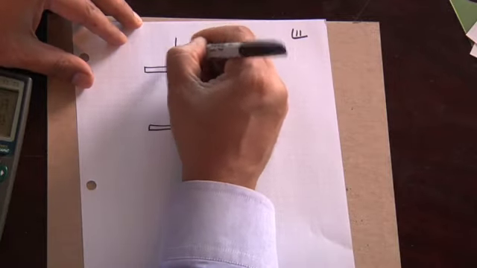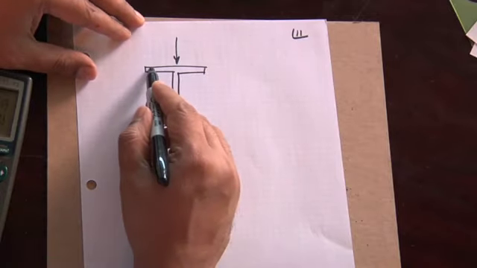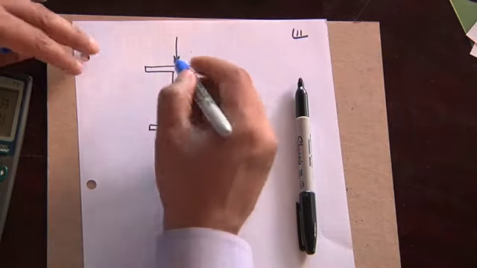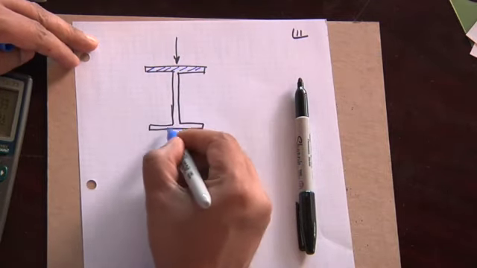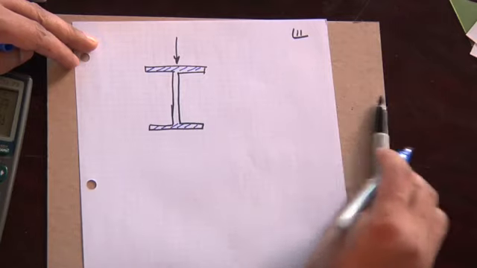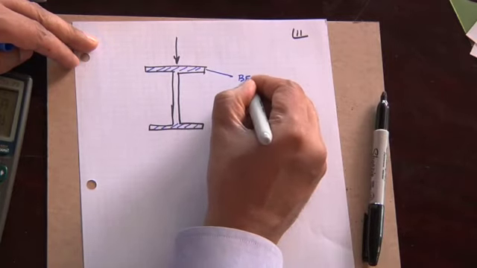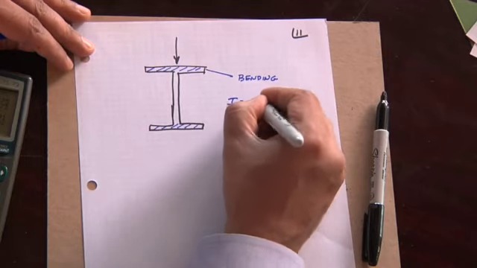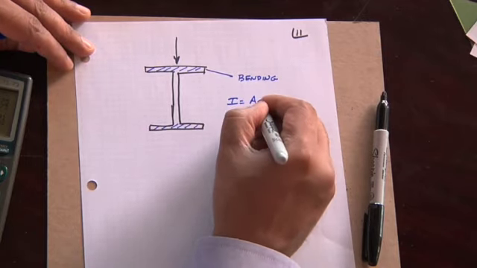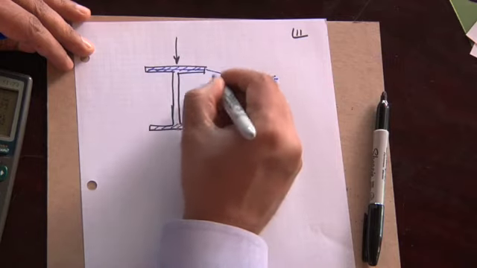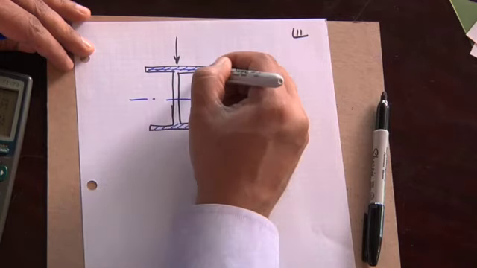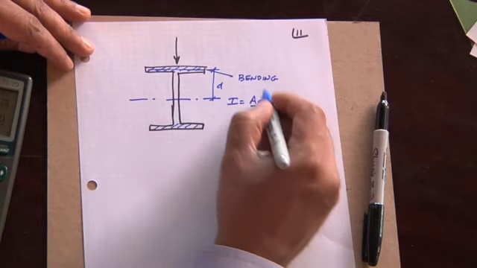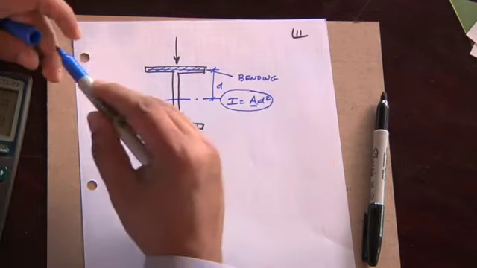When I put a load on this, the flanges, I'm going to use a couple different colors here, the flanges are primarily for bending. And the reason is because the moment of inertia, which is AD squared, the A is coming from this area times the distance D to the neutral axis. So this is primarily for bending, because that's where you get your primary moment of inertia.